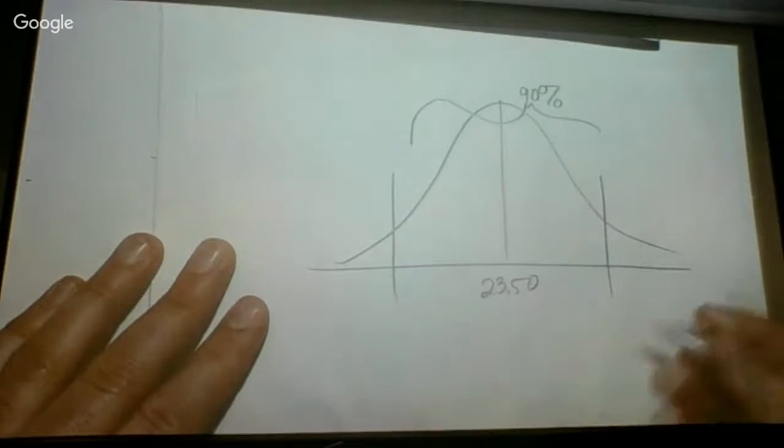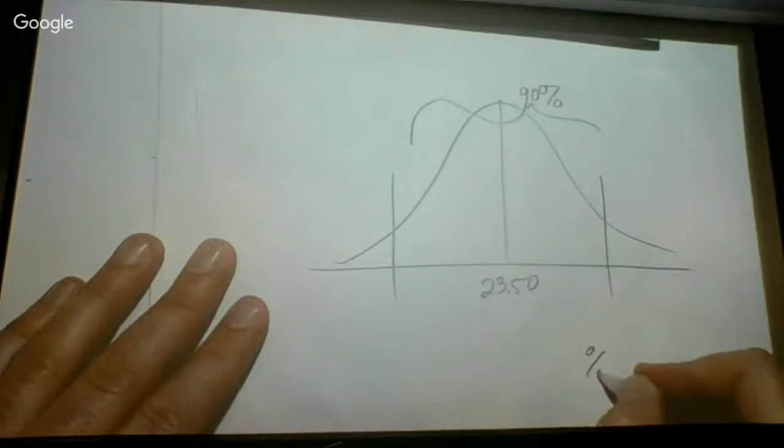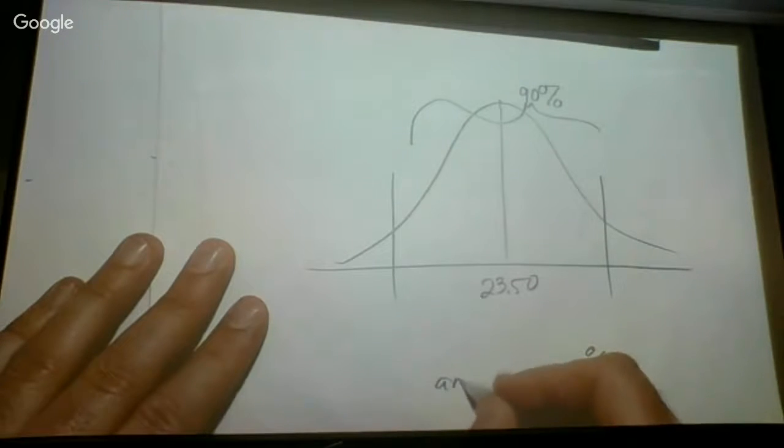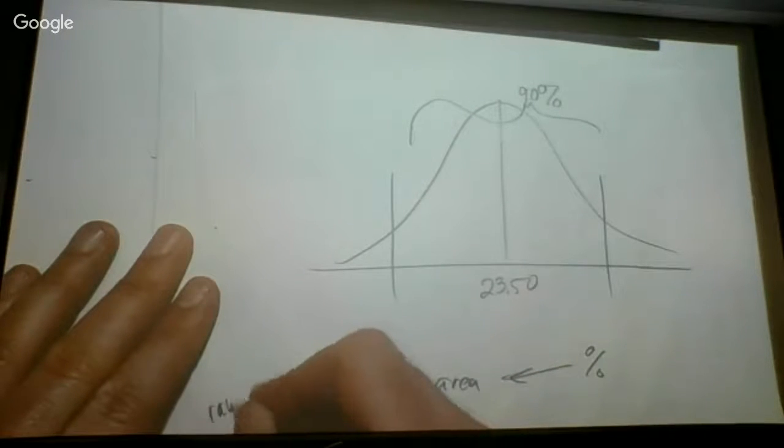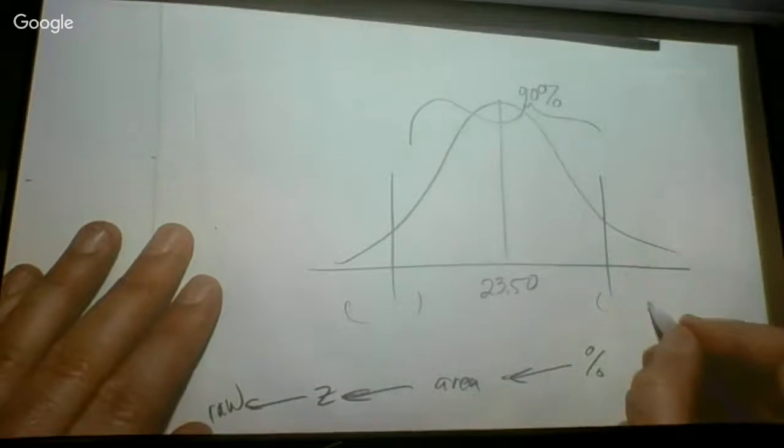That's a proportion, which we need to work to an area, which we're going to work to a z-score, which we're going to work to a raw score so that I can find out what those two raw scores are.